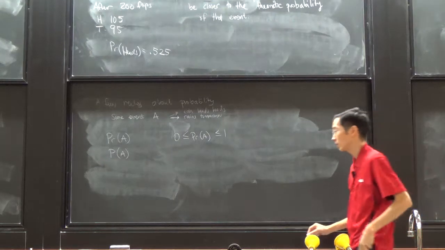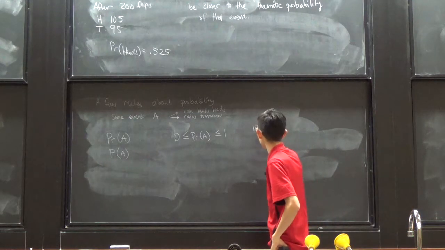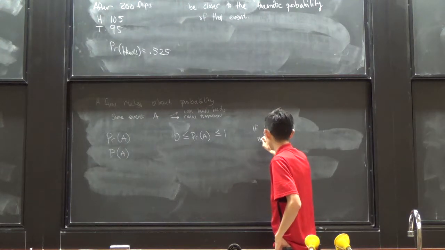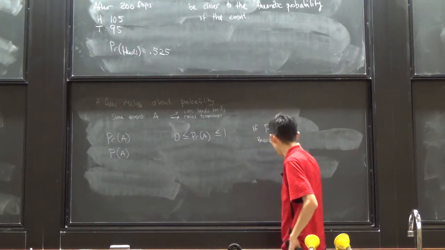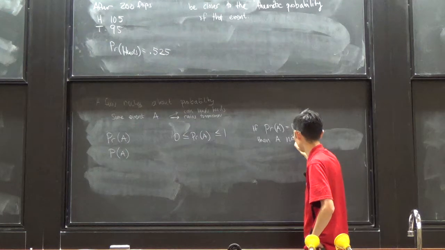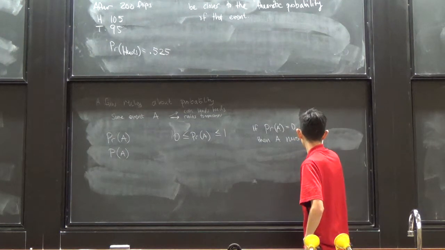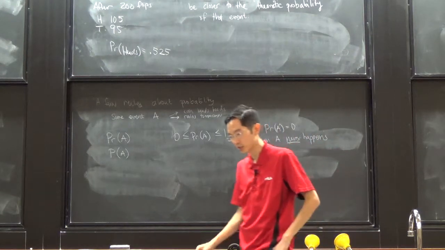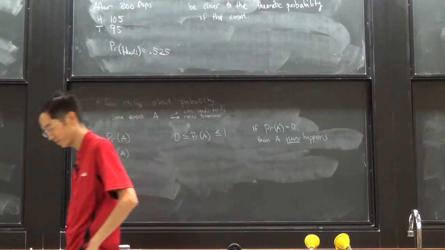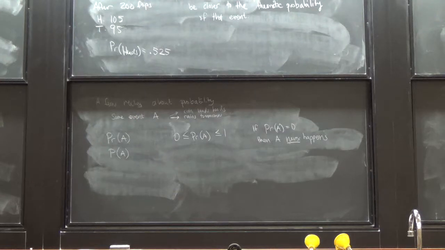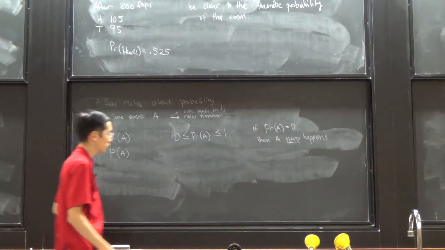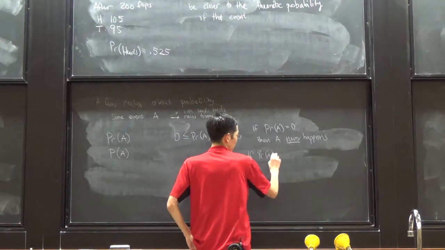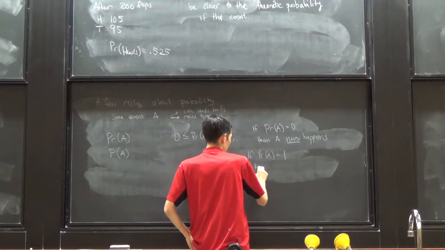The probability is equal to 0, then A will never happen. Never happens. Never, meaning never. And if probability of A equals 1, then A always happens.